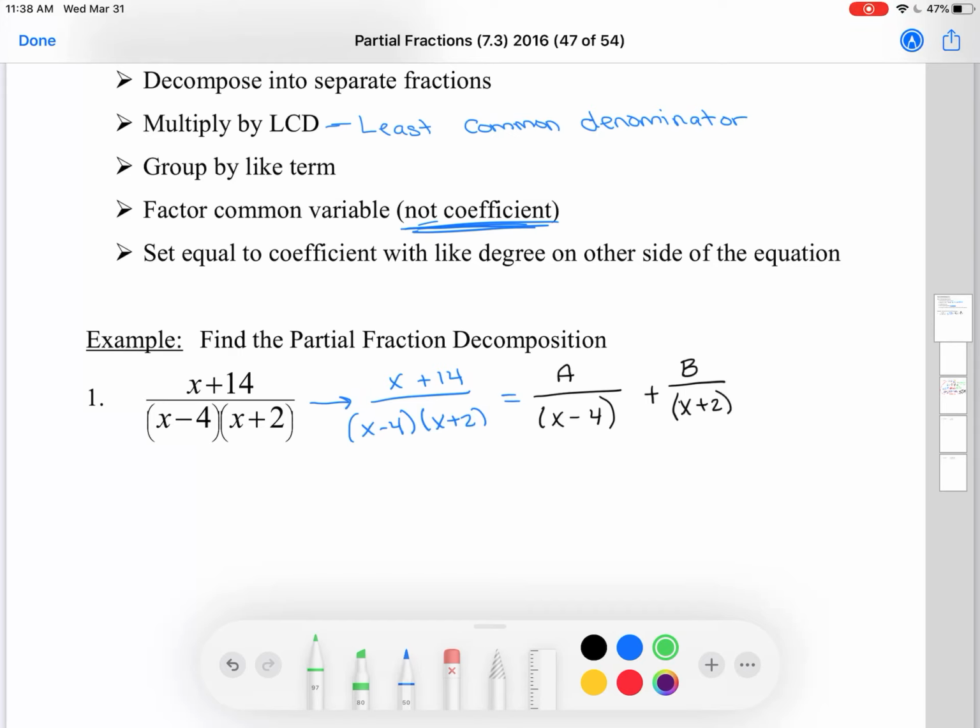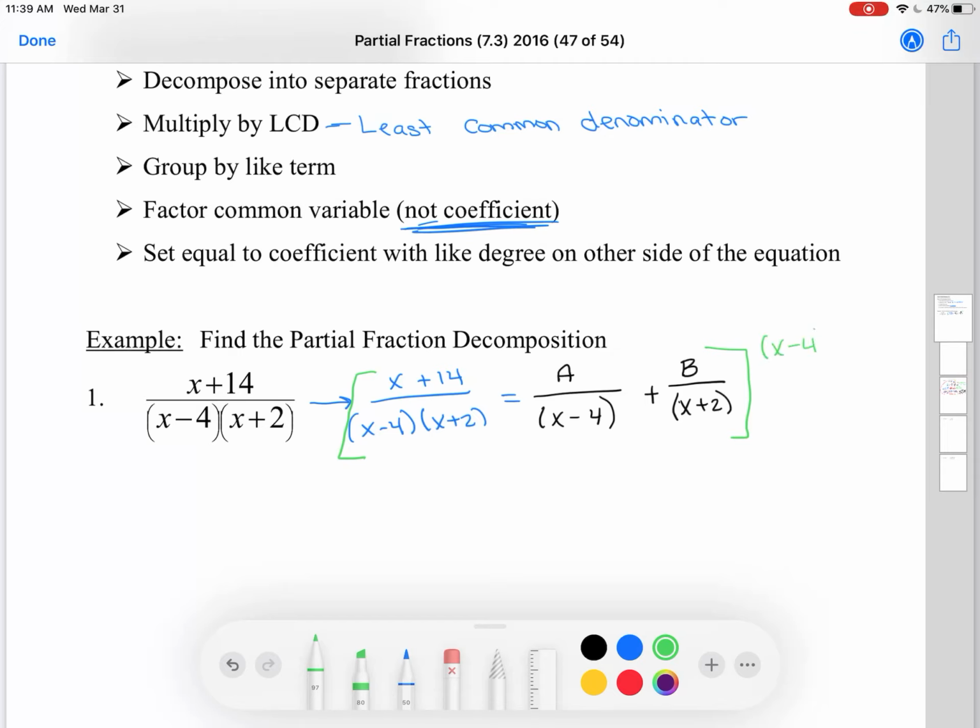Okay. So once we have decomposed it, we're going to move on to step 2 that says multiply by the least common denominator. Well, the least common denominator in this case is going to be every denominator, as long as I account for it each time. So I have a full fraction on the left-hand side, followed by 2 fractions on the right side. So the least common denominator is going to be just those denominators that I have.